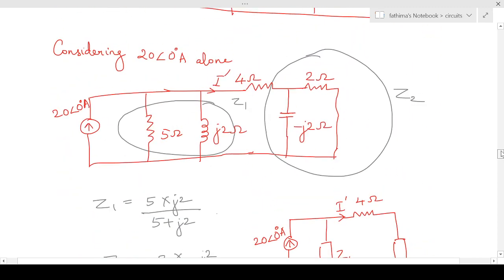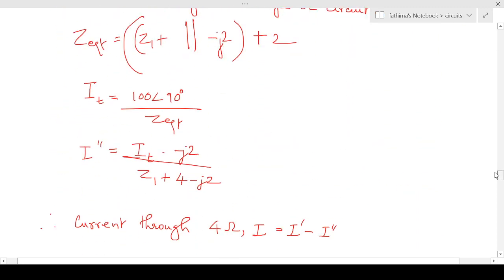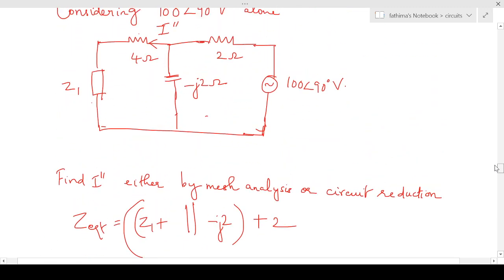That will be I double dash. We can find I double dash by mesh analysis or circuit reduction. I'm going to find I double dash by circuit reduction.